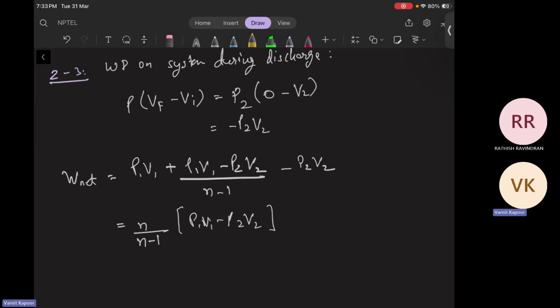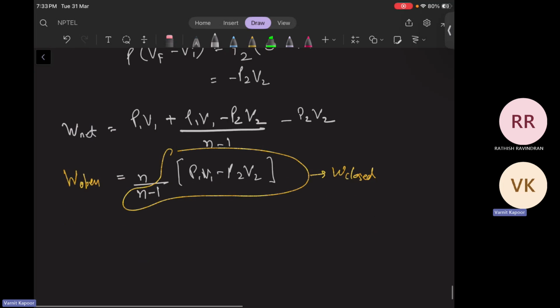And this is nothing but your closed system work. And this is equal to work of open system, that is net work. Work of open system is n times work of closed system. So you can write work of open is n times work of closed.